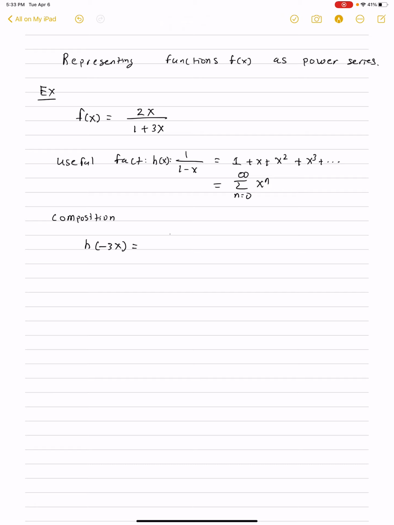Well, then I'm going to have 1 over 1 minus a negative 3x via composition. This is the same as 1 over 1 plus 3x. Okay, well, instead of having x in the series, I'm going to replace x by a negative 3x.